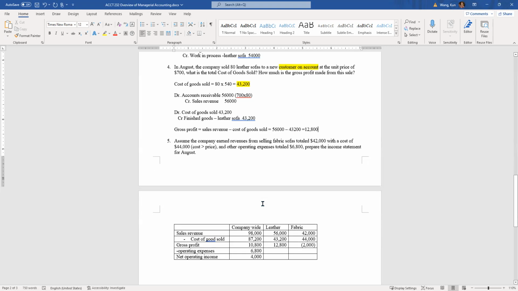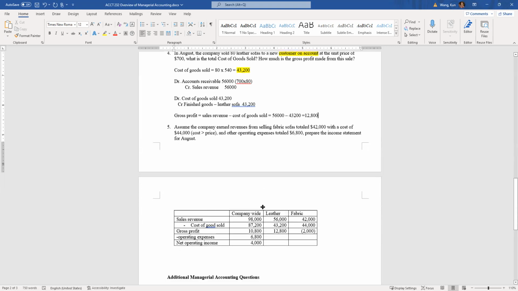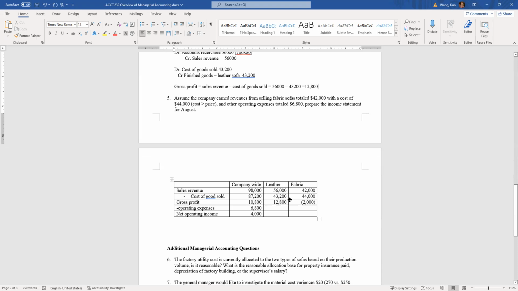But so far, we summarize the income statement for the two products. I have the leather and the fabric, right? So separate information, sales revenue, and cost of goods sold. And company-wide, combining them together, we have a gross profit.